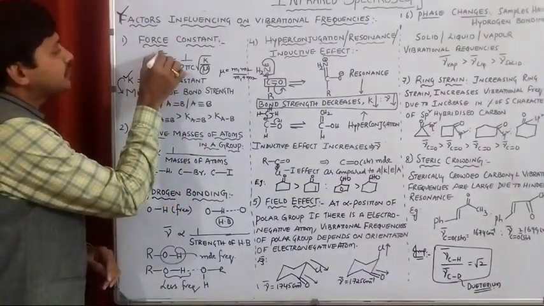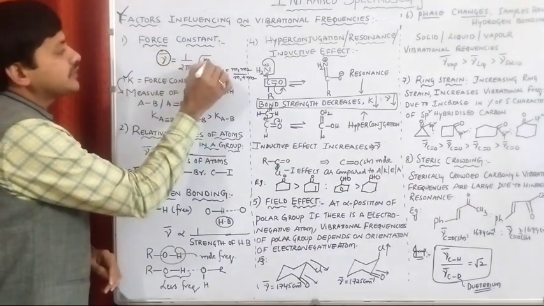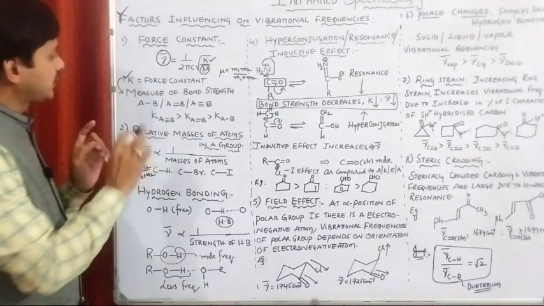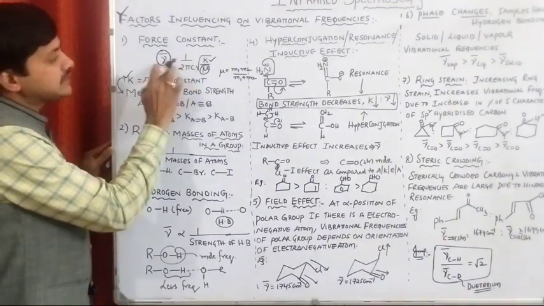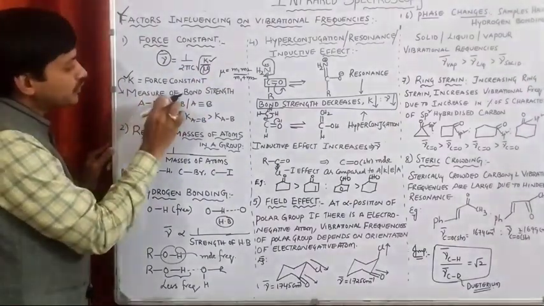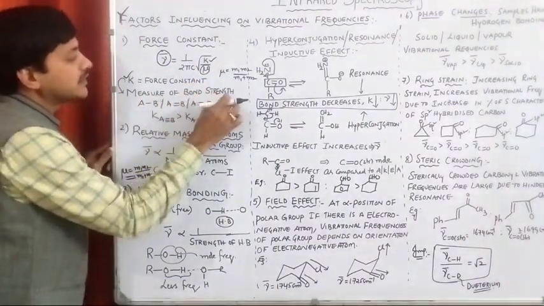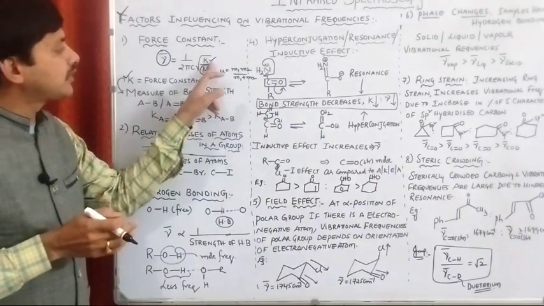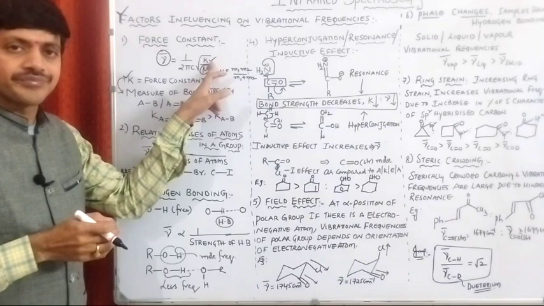So from this equation what we are observing, the vibrational frequency is directly proportional to what? Force constant. The vibrational frequency is directly proportional to force constant. Force constant measures what? The bond strength. The strength of the bond is calculated by using the force constant. Right?